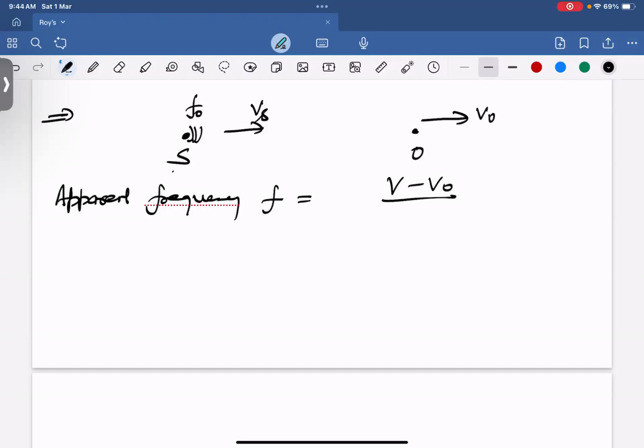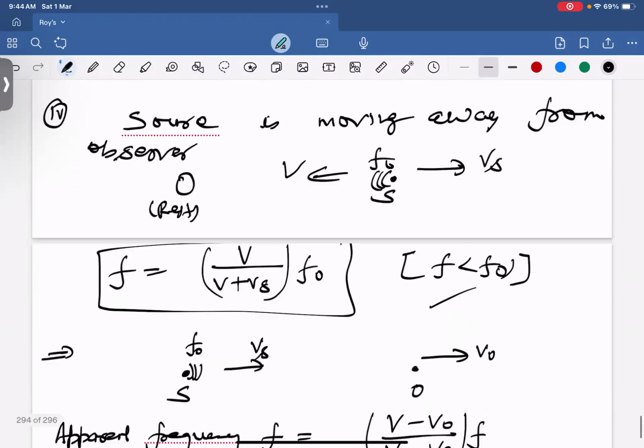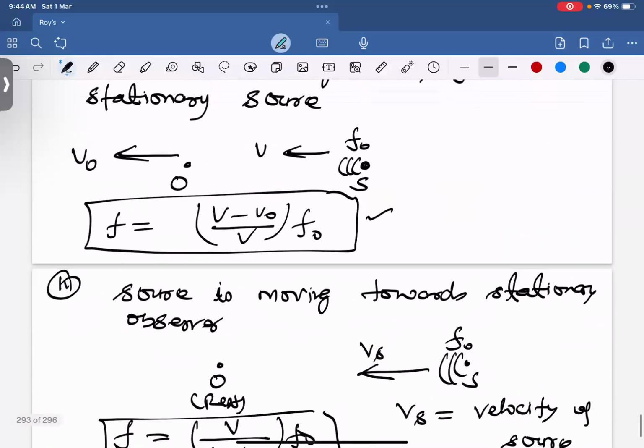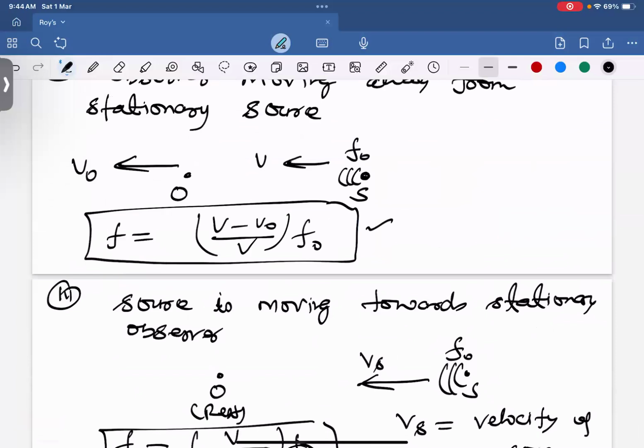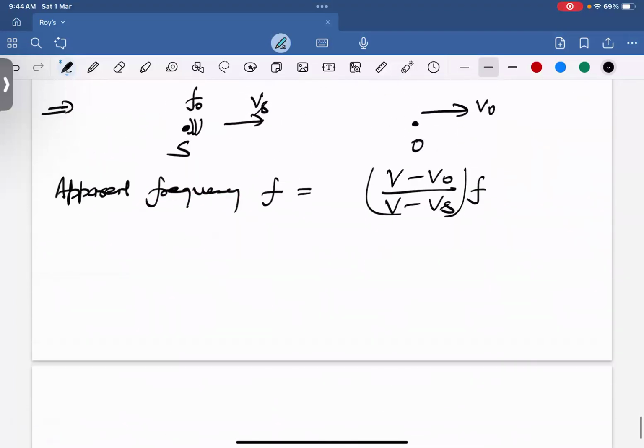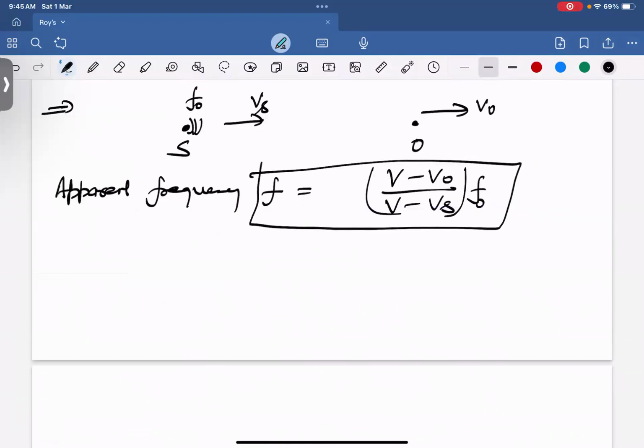But the source is going towards the observer, so the denominator will be v minus vs. When the source goes towards the observer, the denominator becomes v minus vs, and when the observer goes away from the source, we do v minus v naught. So here both numerator and denominator change, then you get your apparent frequency. Understood, Neil? Yes.